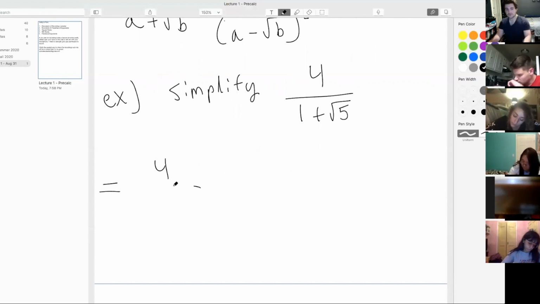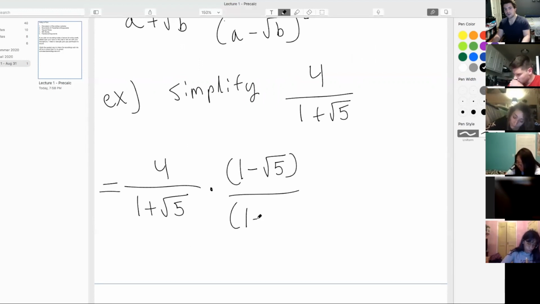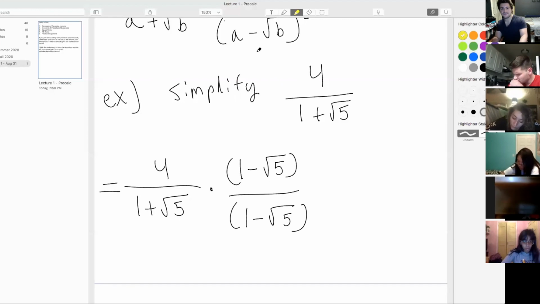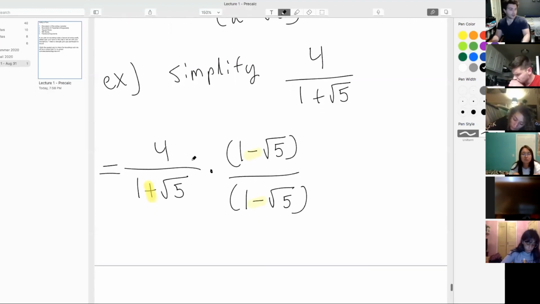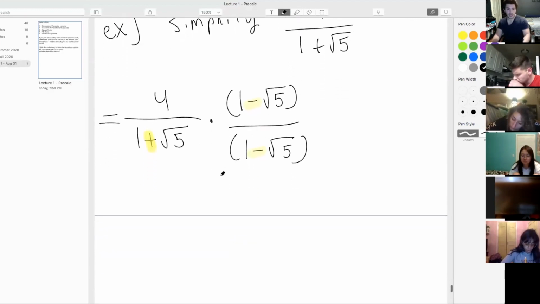So we multiply the top and bottom by 1 minus the square root of 5, because that's the conjugate of the denominator. Look, this plus sign has turned into a minus here. That's the conjugate.